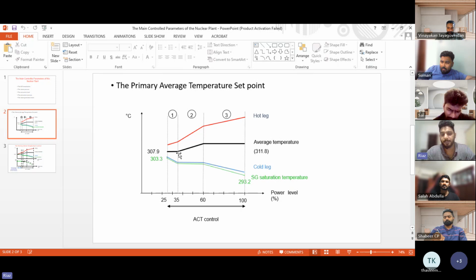It's a primary and secondary control channel. It's using the temperature to control the working of the reactor as well as the turbine. With these two parameters, it is controlling the output.